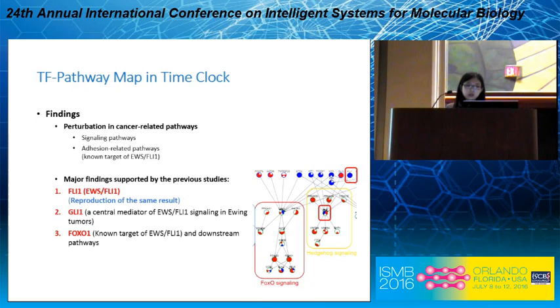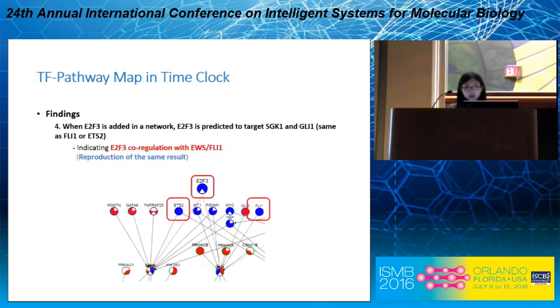And in the downstream of this network, there were 2 important genes, GLI1 and FOXL1, which are the known targets of the fusion gene in Ewing tumors. And when we added the E2F3 gene in the network, it is predicted to target the same gene as FLI1 or ETS2, which indicates a co-regulation between E2F3 and the EWS-FLI1 gene, which is the reproduction of the same result from the data set.